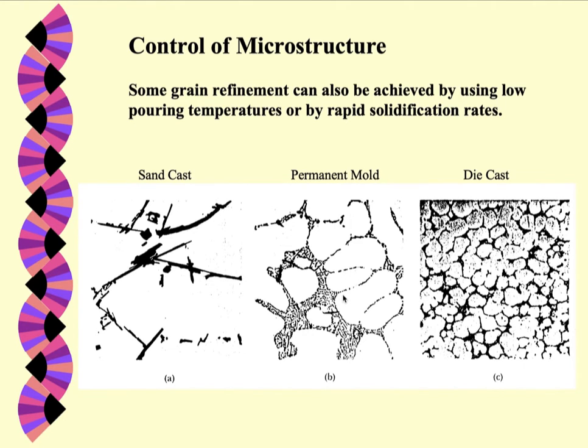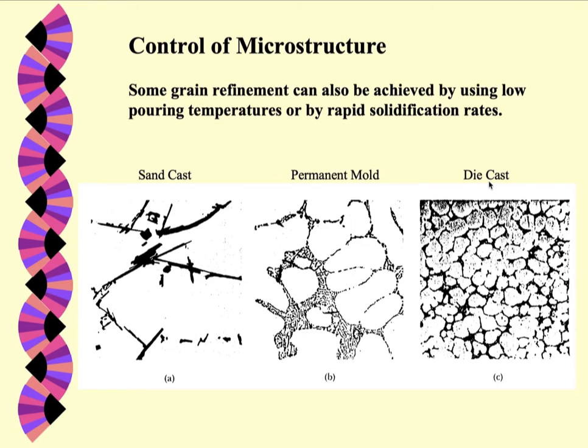Little did you know, when it becomes solid, it's not a completely homogeneous structure. In other words, it's not all mixed up anymore. When it's a liquid, it's all mixed, but when you cool it slowly, things can separate a little bit. So sand cast, they separate a lot. And by the way, these little blobs are one crystal. Okay, so you see a blob, it's like part of a crystal.